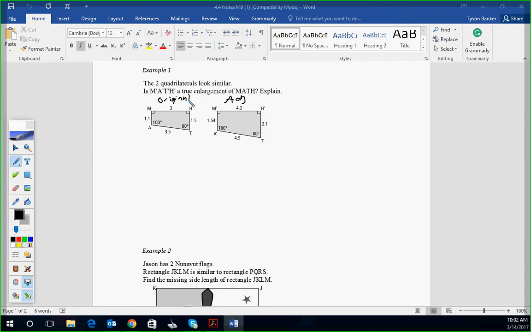So we have to go 3 over 4.2. We have to go 1.5 over 2.1. We have to go 3.5 over 4.9. And we have to go 1.1 over 1.54.